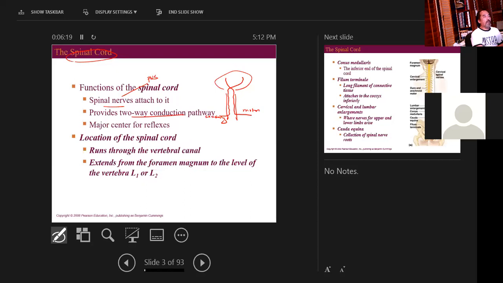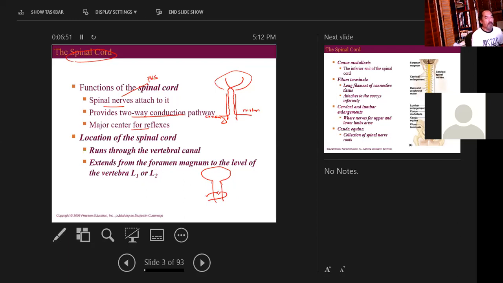Now, some of the reflexes occur on the spinal cord, okay, in which this is going to be your spinal cord and this is your brain. Usually, your nerves usually goes to the brain and it comes down from the brain, but sometimes they actually just act on the spinal cord and connect with another nerve and then comes out at the same level as the spinal cord.